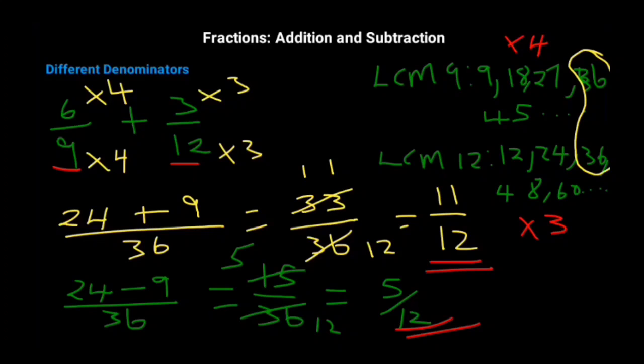And when we're dealing with two different denominators, then we need to find the LCM, which is the lowest common multiple of our two denominators. And then we multiply whatever that denominator is multiplied by to get that LCM. We multiply both the denominator and the numerator by that number, work that out, and then we'll get our new fraction, and we can simplify that further if possible.